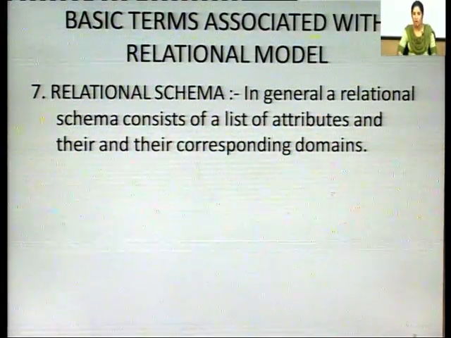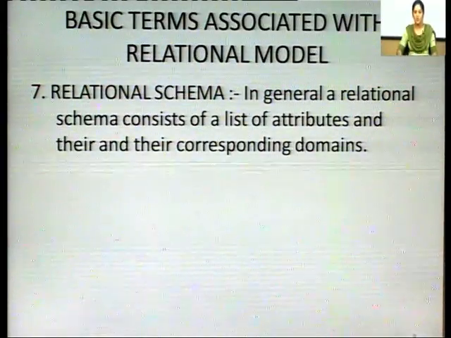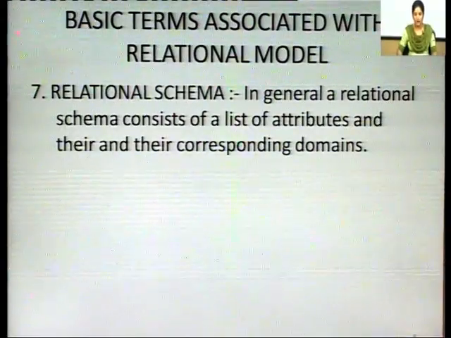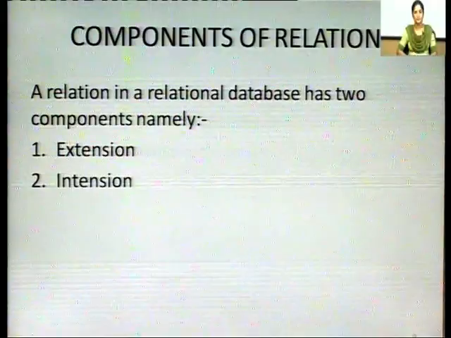Domains mean the allowable values which are assigned to those particular attributes. So these are basic terms which are associated with the relational data model. Now we are aware of all these terms, so we can move on to the next slide.